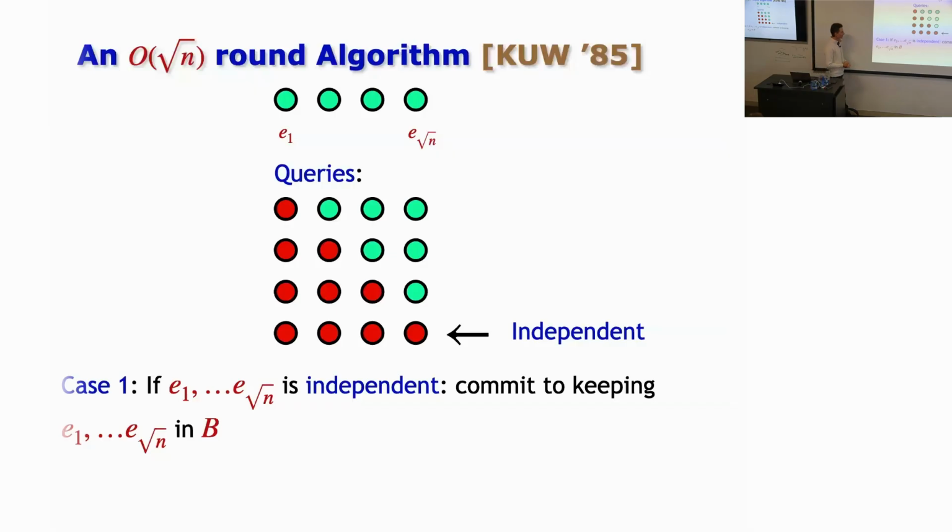What it's telling you is that all of a sudden you just found square root n independent elements in one round of queries. So I'm going to take those square root n elements and add them to our candidate basis B. You found these independent elements, so you can add them to your basis. Now your basis increases in size by square root n. That's great progress if we're targeting a square root n round algorithm. Good.